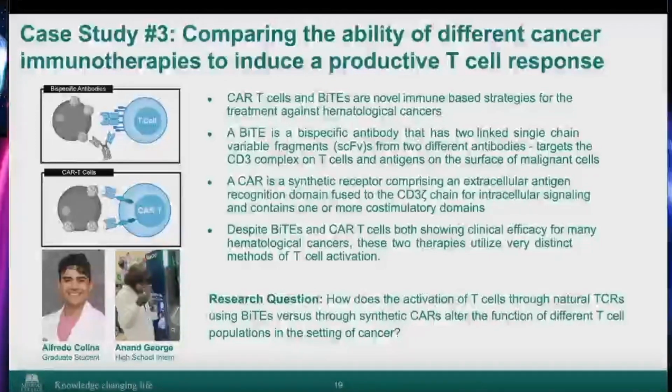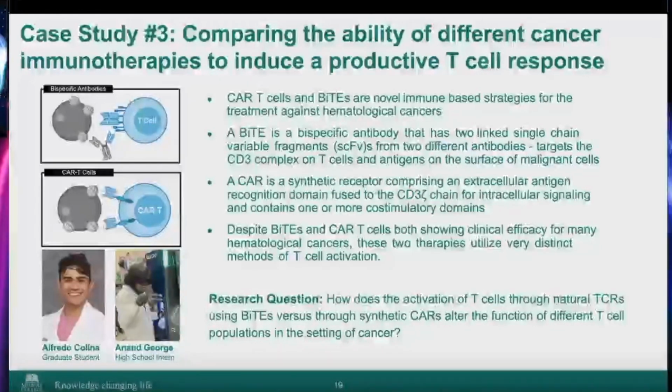And so these studies were led again by Alfredo Colina, one of the graduate students in the lab, and then Anand George, who was a high school intern that worked with Alfredo and myself in order to perform these assays. He had a summer research project and is continuing to perform these studies in the lab, where he's again determining differences in the T cell responses utilizing either BiTEs or chimeric antigen receptor T cells.